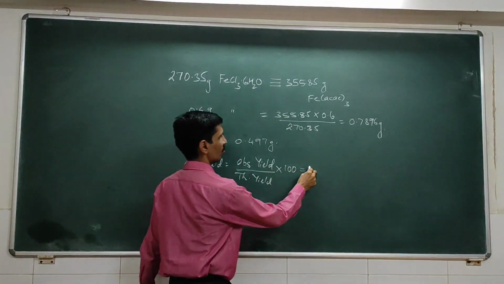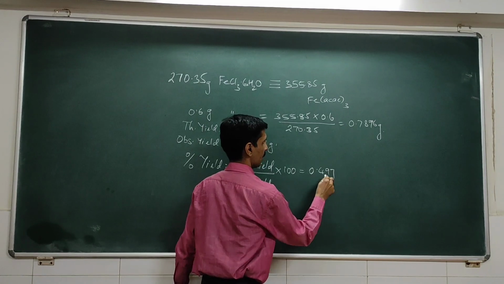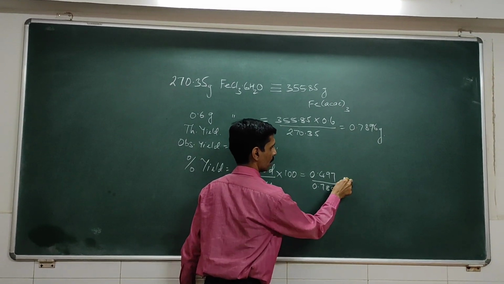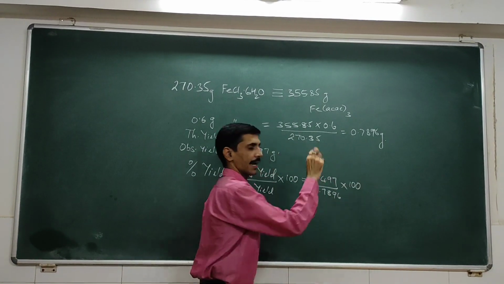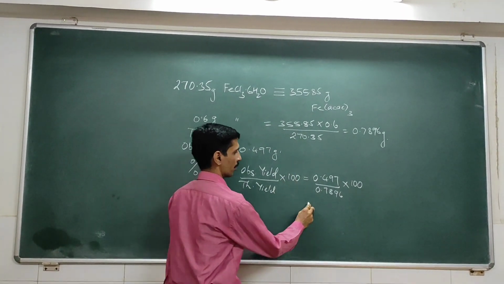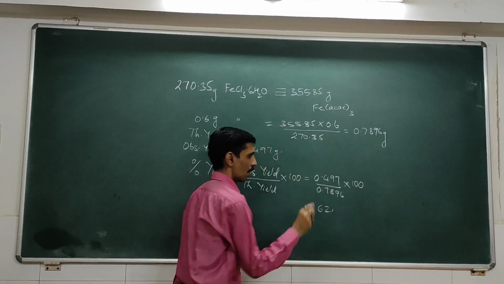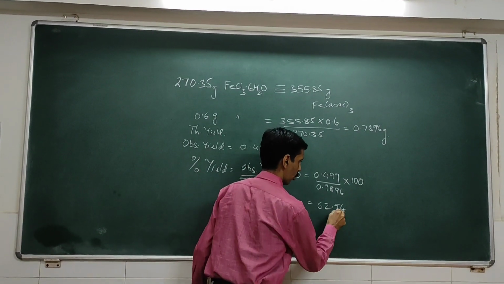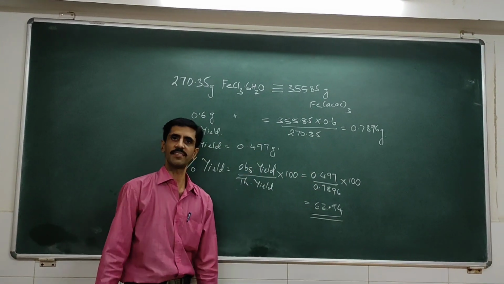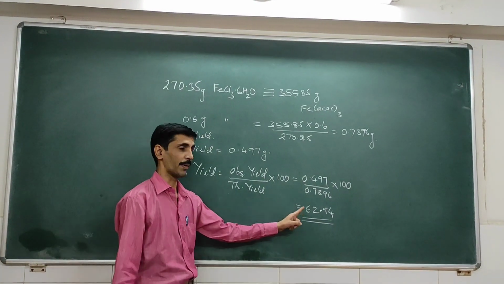So what we have is 0.497 divided by 0.7896, which you multiply by 100, alright? Which you multiply by what? 100. So that is going to give me 62.94. Okay, this is my final result. The percentage yield is 62.94.